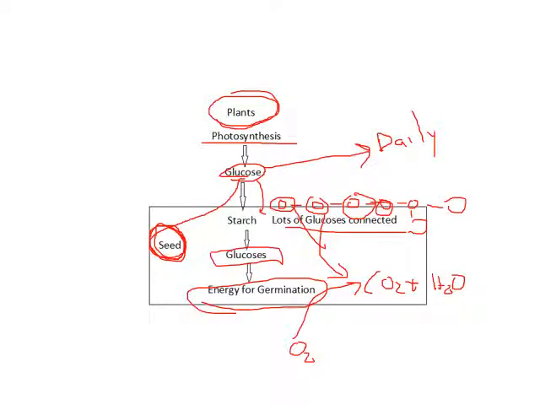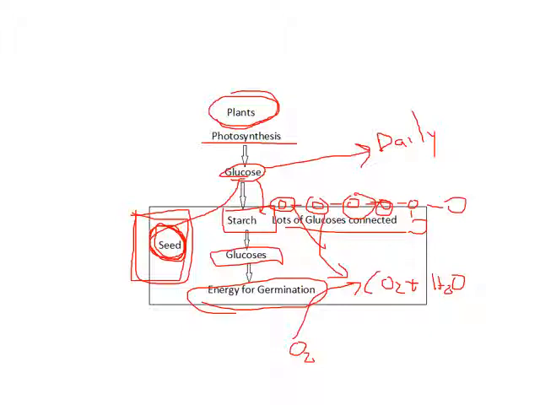So that's why plants make starch. Starch is the energy for the seed to grow. So what we do is we take seeds of these plants, and they're rich in glucoses because it's stored as starch, and we eat them.